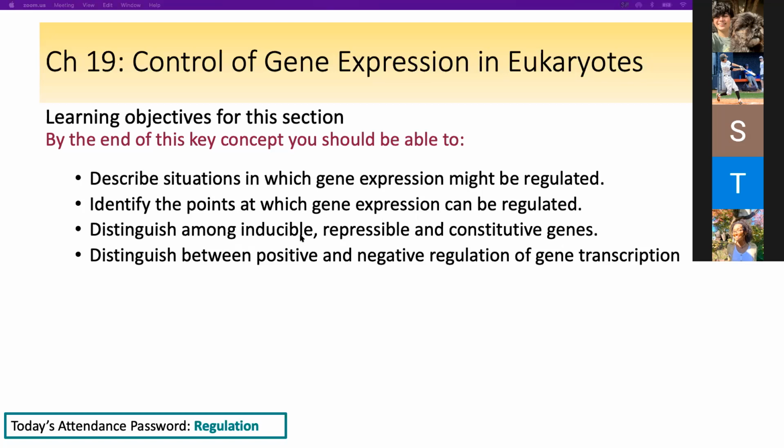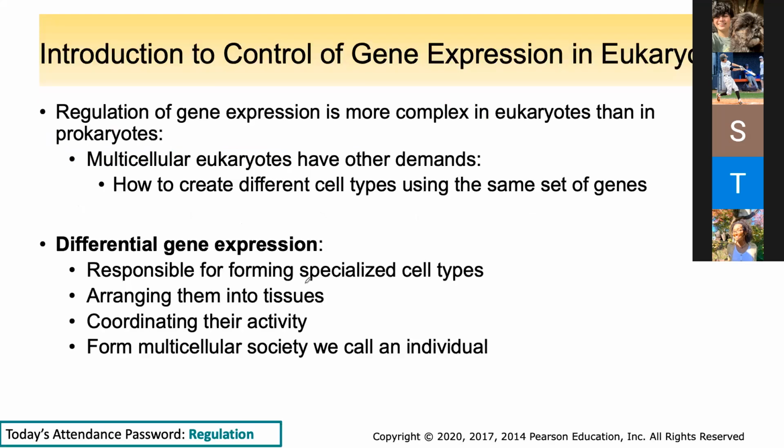And then I'm going to throw at you a little bit of new vocabulary, just talking about the difference between different types of genes, ones that are referred to as being inducible, ones that are repressible, and then ones that are considered constitutive, meaning that they're pretty much around all the time. So that's really what we're going to focus on here.